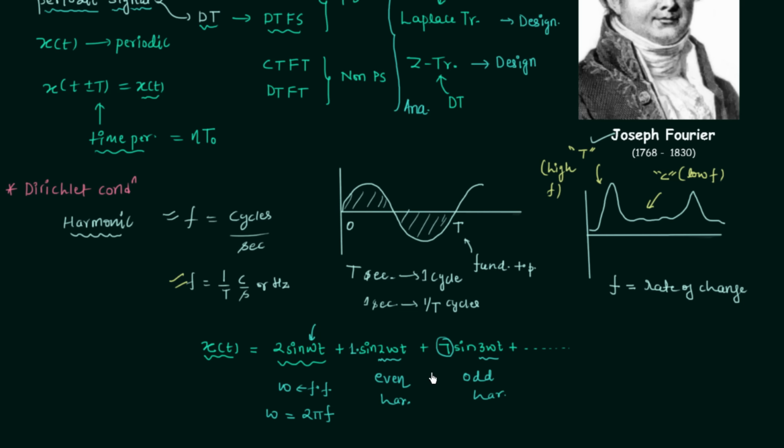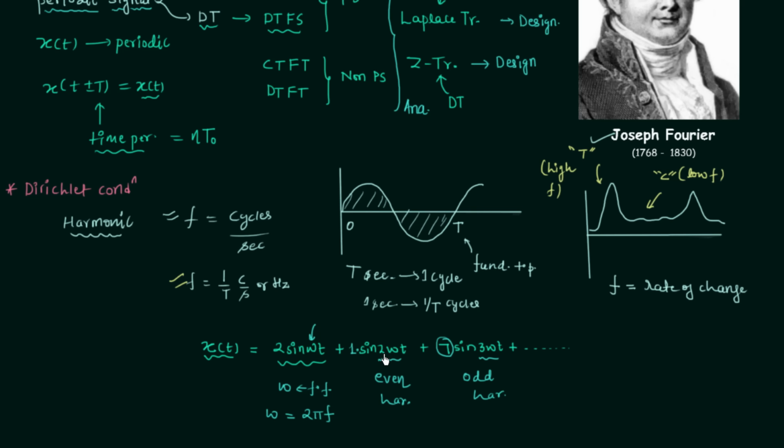It depends on signal to signal. In some signals, odd harmonics are more dominant. In some signals, even harmonics are more dominant. And in some signals, the dominance depends on the integer here. If the integer is larger, the dominance is smaller, and vice versa. So this is all you should know about the harmonic.